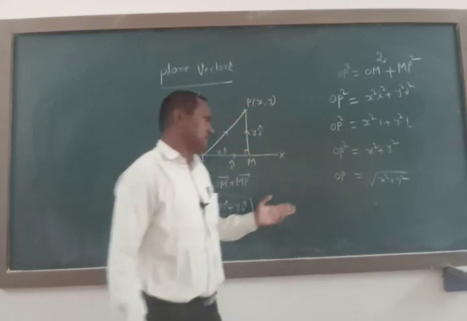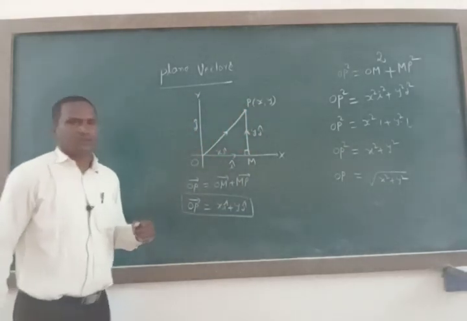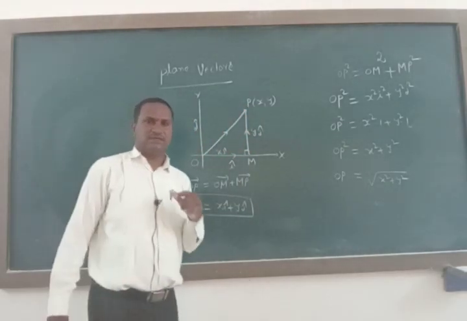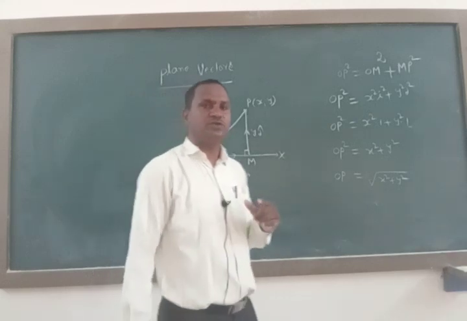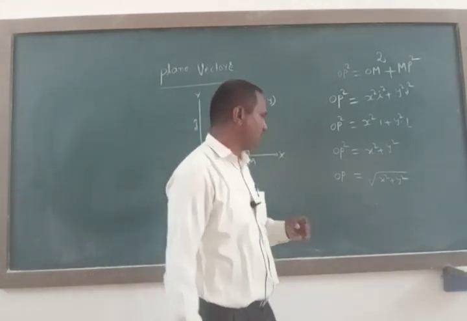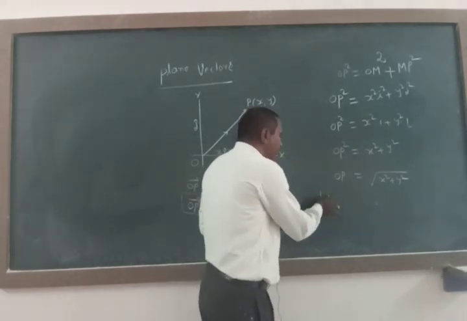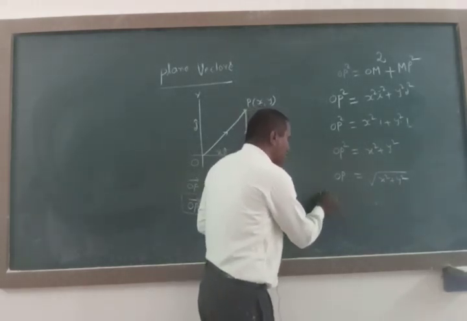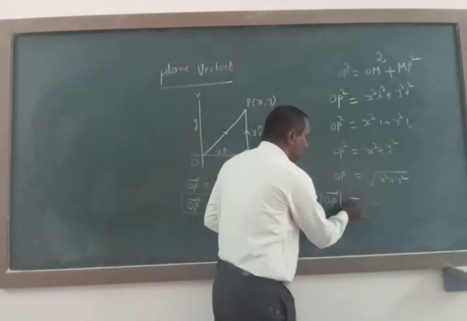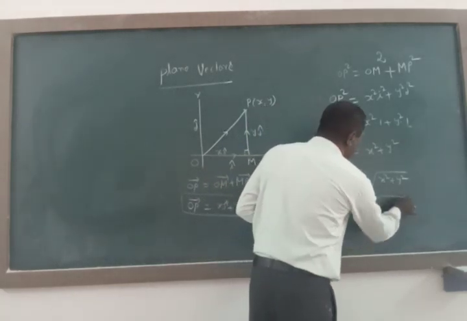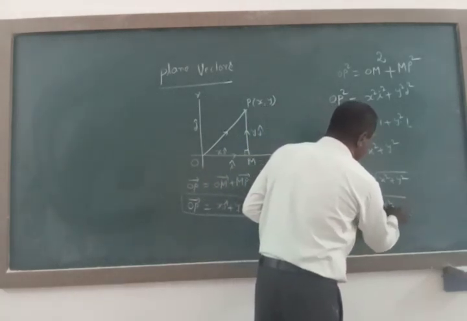OP is nothing but the distance between O and P. In vectors, the distance can be considered as the magnitude of OP bar, where we keep the vector under modulus. Magnitude of OP bar is equal to the square root of x square plus y square.